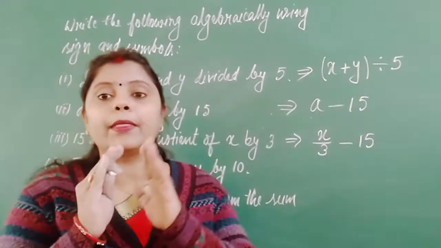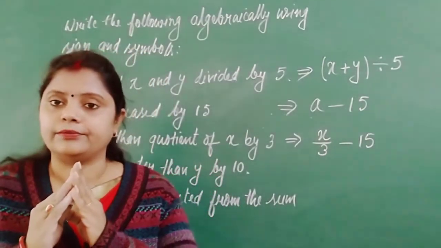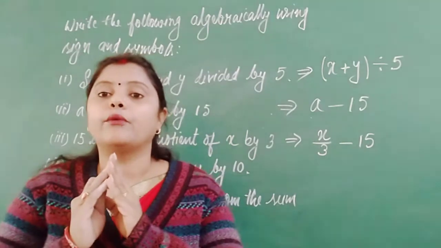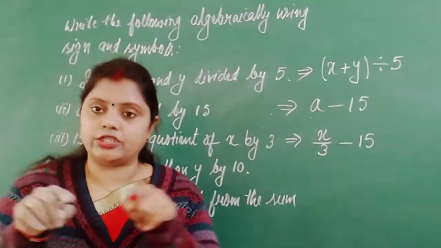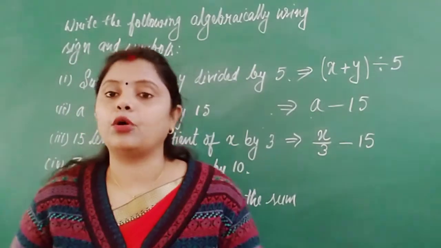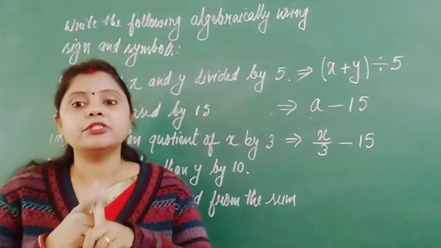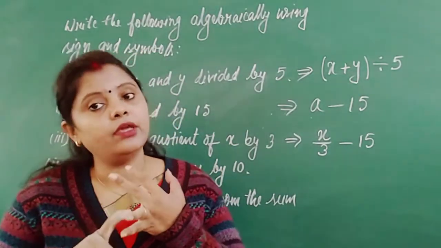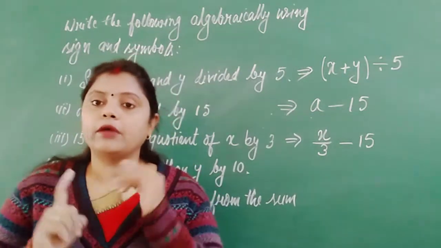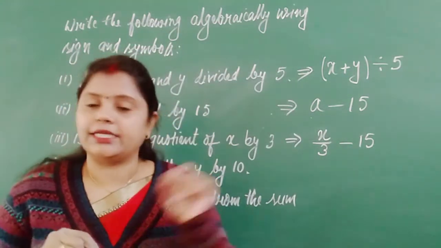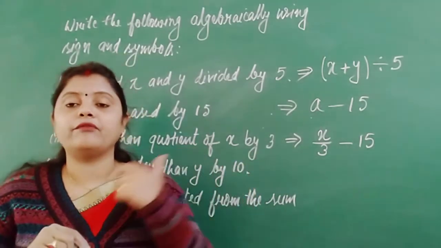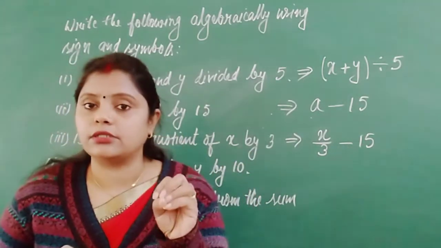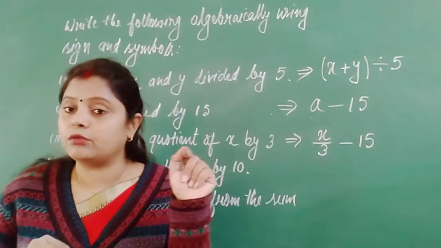But here one thing we have to understand. In algebra we are making equations, and whenever we are talking about equations, it is very important that we must have a variable. We must have an equal to sign also. We cannot put a greater than sign or less than sign. In algebra we are going to form equations, which means we need an equals to sign.